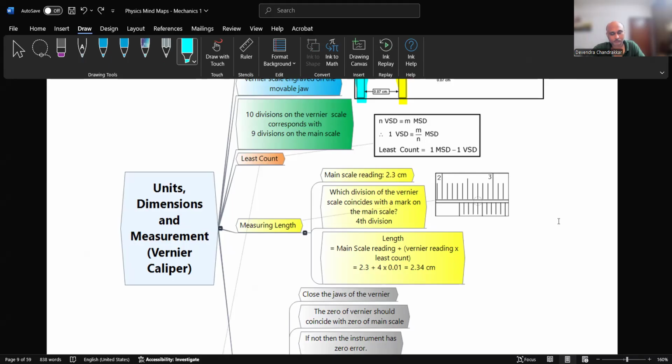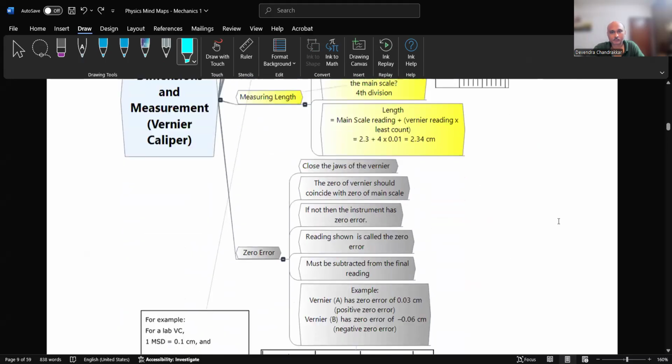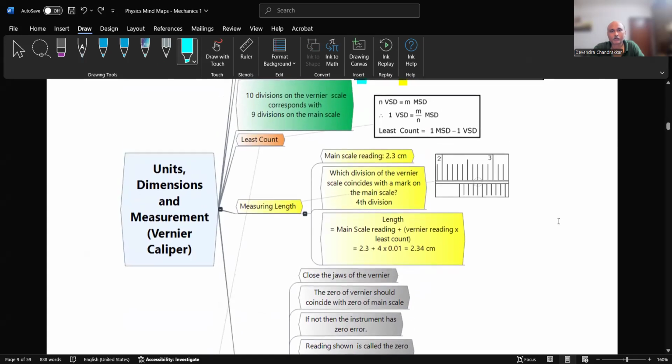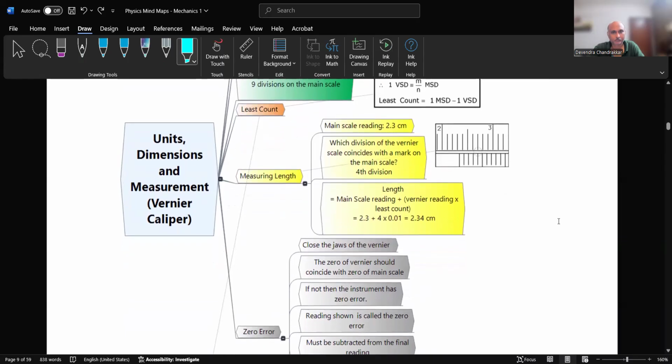Sir, can you scroll down a bit? I need to check if there's more. There is a lot still. I think all of you have noted till this green part. Yes, sir.